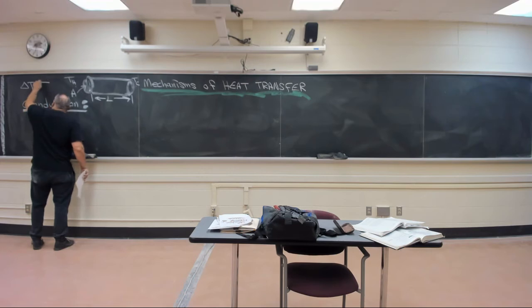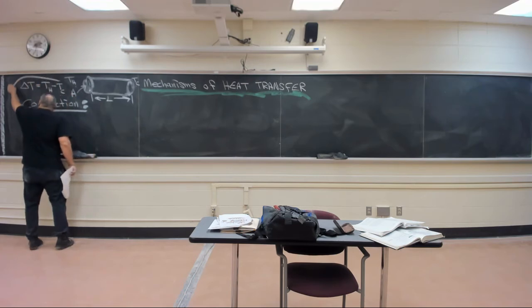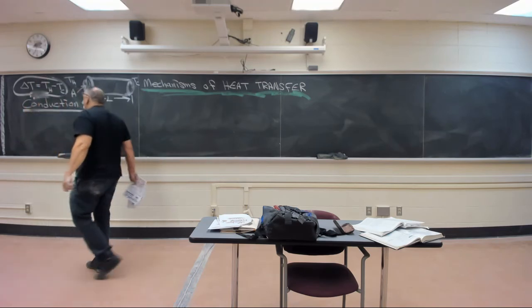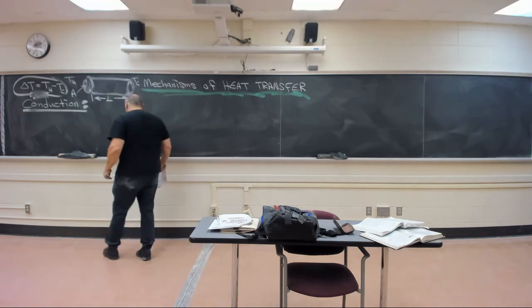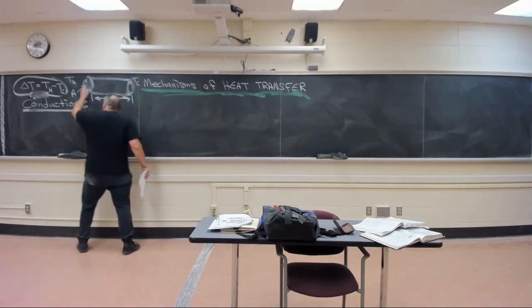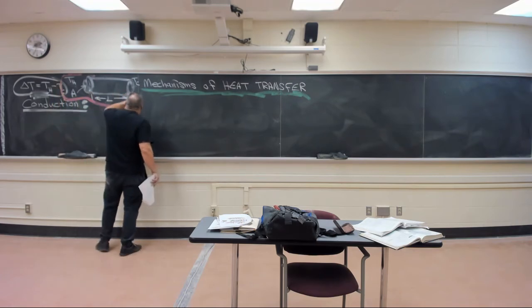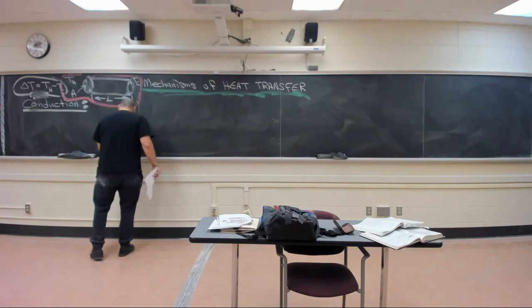Delta T is T hot minus T cold. Heat flows from hot to cold. We've got that.